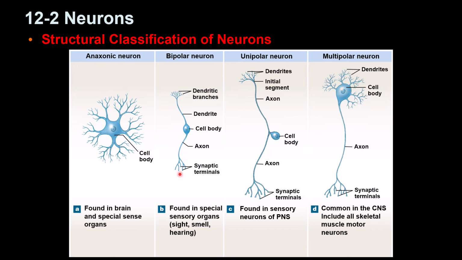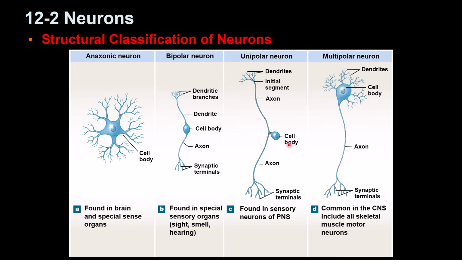This is found in the special senses, and when we get to the special senses, I will remind you at that time. Then there are the unipolar or pseudo-unipolar neurons that start with the dendrites, and this whole thing from here all the way to here is the axon, and the axon is connected somewhere to the cell body. This one is in the sensory neurons. When we get to the sensory neurons, I will give you the examples at that time.